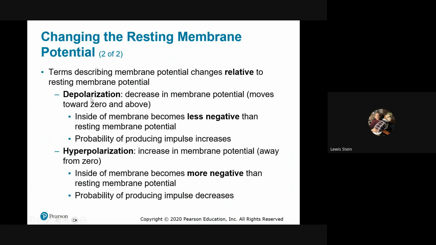Fire, don't fire. That's all. So the names that they give, fancy: depolarization, hyperpolarization. Personally, I think better terms, and I use these more, we call that excitatory, and this is inhibitory. More likely to fire, less likely to fire.